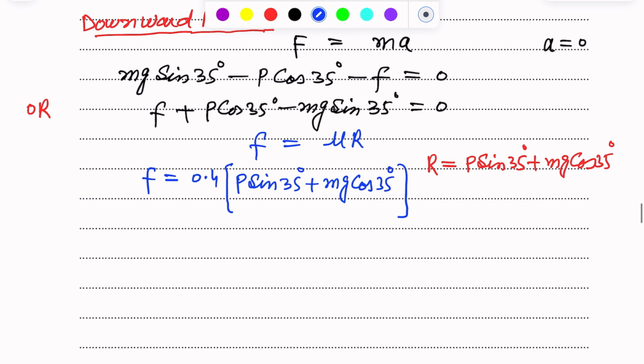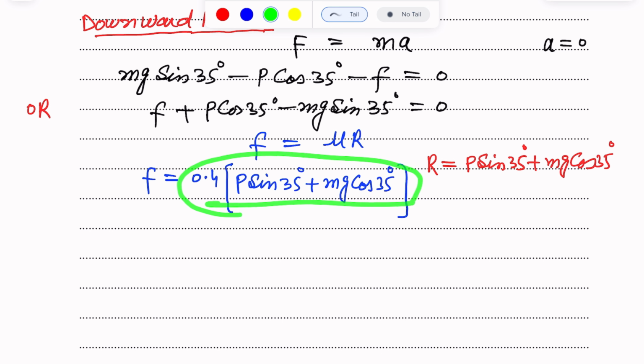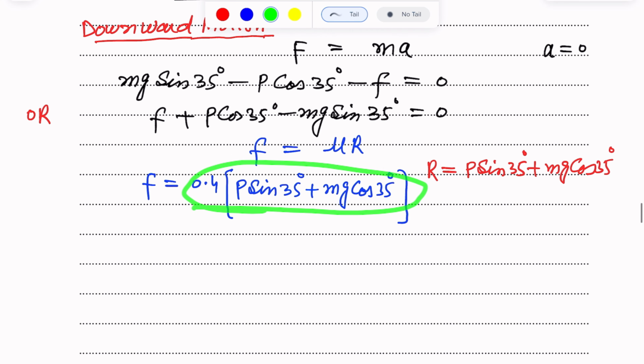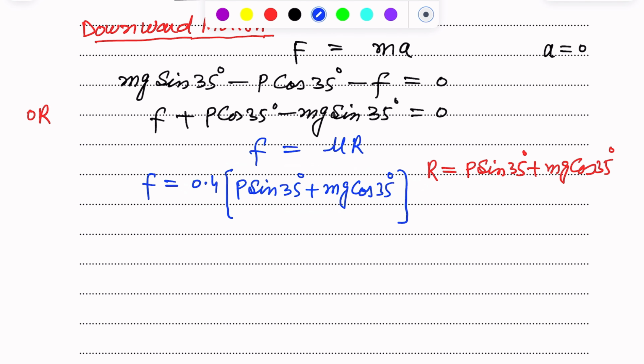Now this is F we have found. Putting the value of F here, we can find the value of P. Later on we will simplify it.